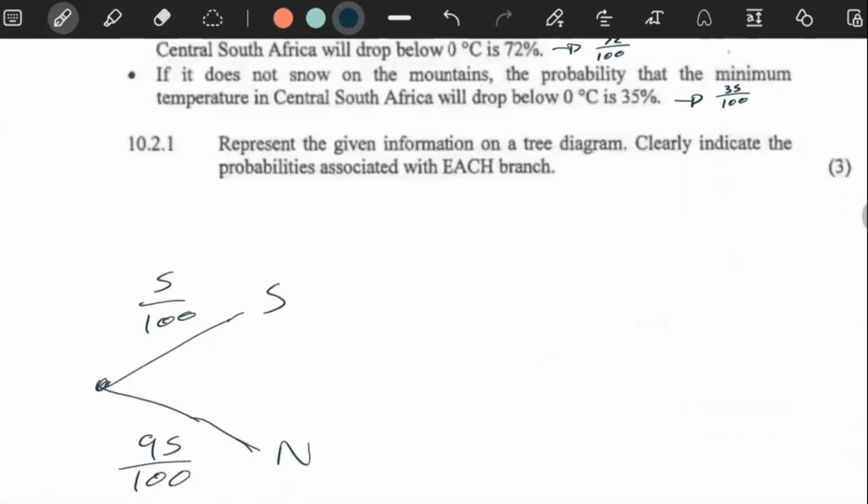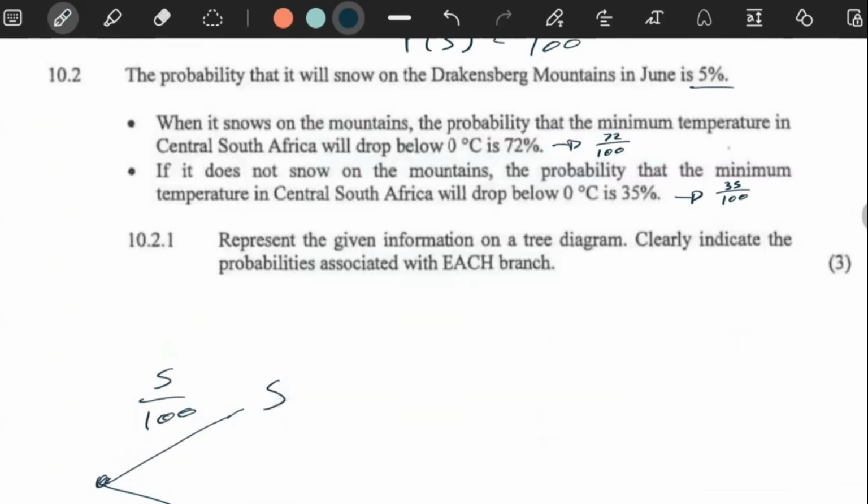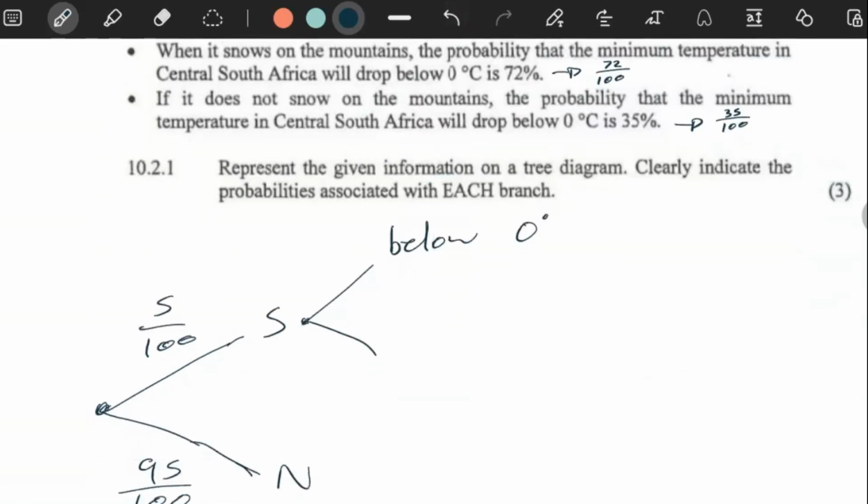And then they say if it does snow, one of two things is going to happen. If it snows, the probability that the minimum temperature is below 0 degrees is 72%. So here, let's say below 0 degrees, and then here this is not below.